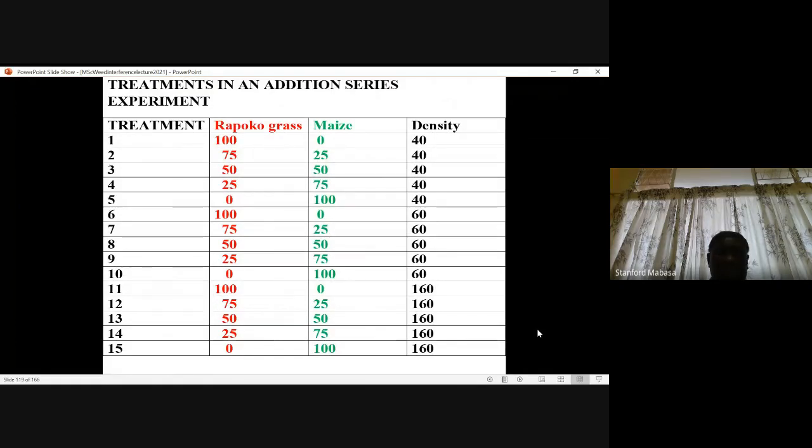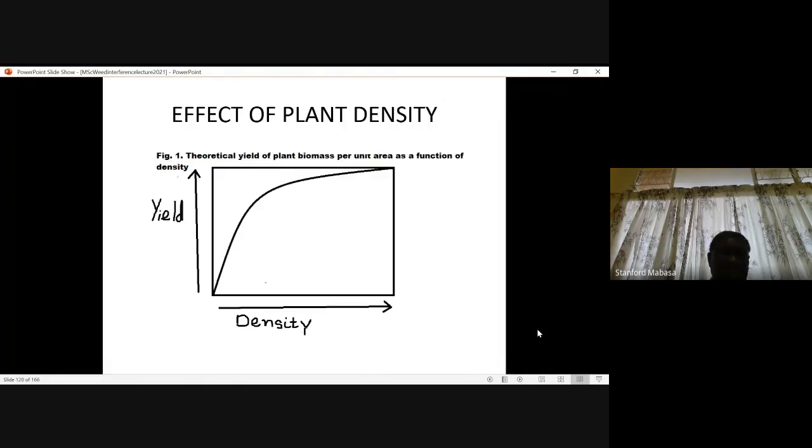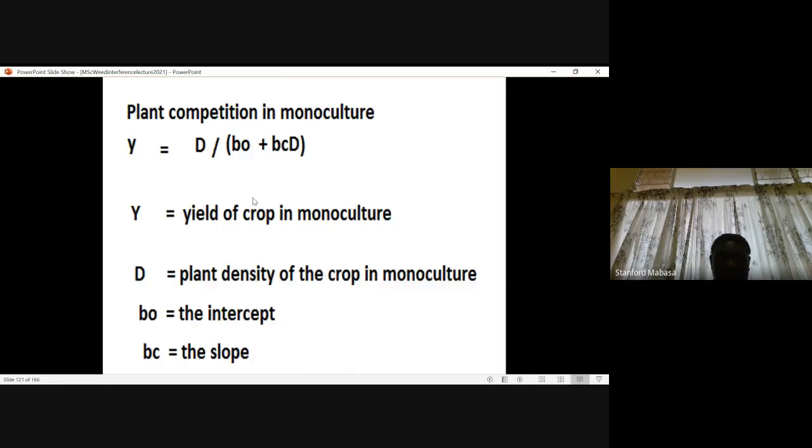Okay, I explained these treatments. So this is what I was trying to explain to you, that if you have density which is increasing for a plant, its yield will form this sort of a rectangular hyperbola. The yield increases up to a point, then there's no more increment.